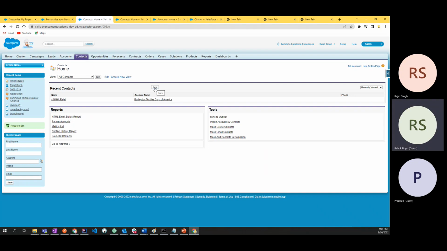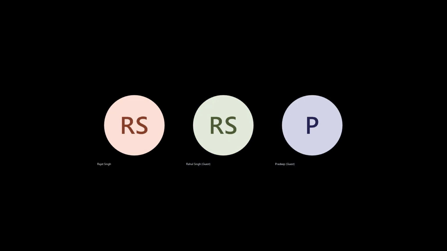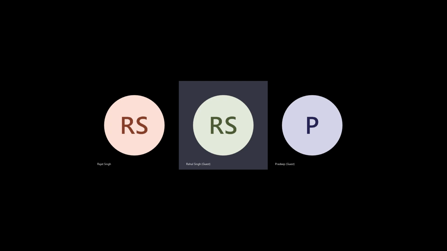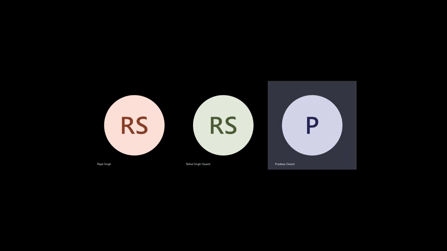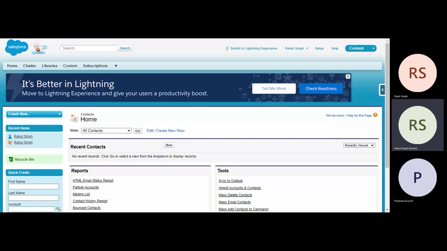Okay, just hold on. I'm just sharing my screen. All right. Can you both see my screen? Yes. Just a minute, Rahul, your application, what you have chosen is Content.